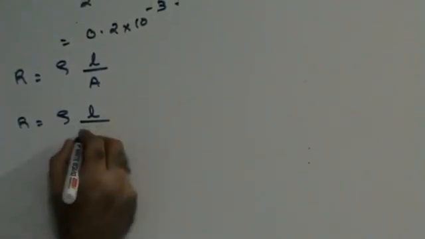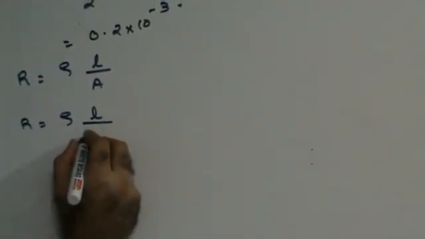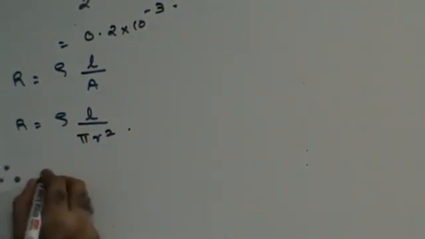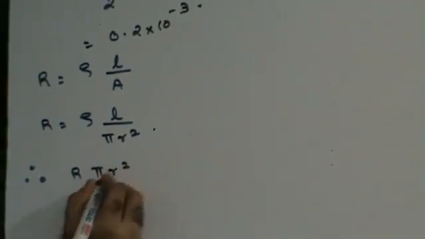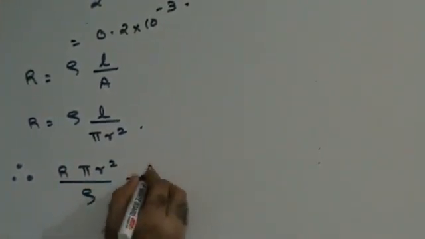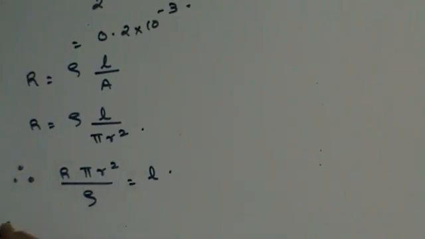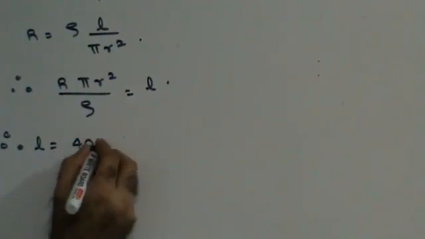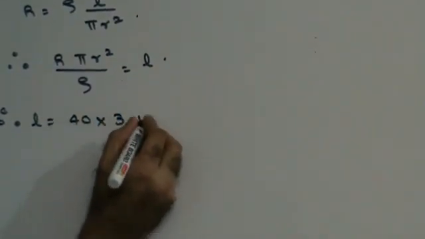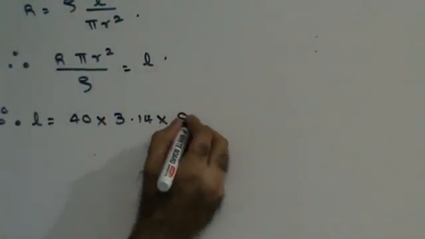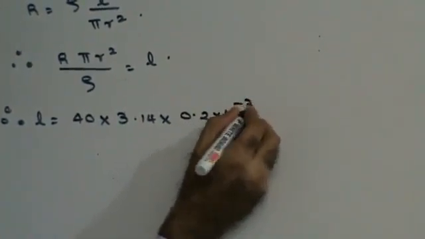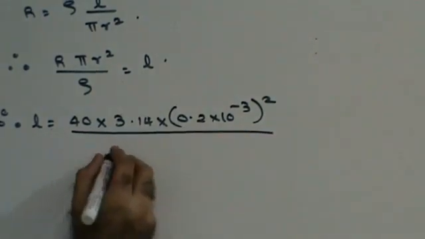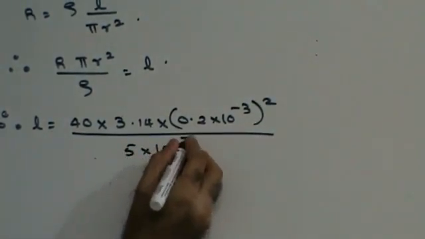The cross-sectional area of the wire is a circle, so that would be pi r square. Therefore, I can say that R into pi r square upon rho is equal to L. If I cross multiply, I'll get L is equal to R, 40 into pi, 3.14 into r, 0.2 into 10 raised to minus 3 the whole square upon rho, which is 5 into 10 raised to minus 7.